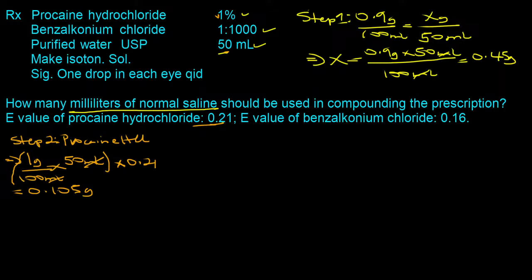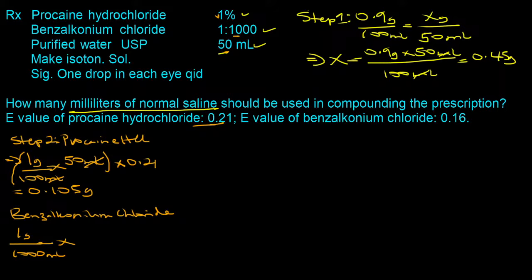We will repeat the process for benzalkonium chloride. And here we have a ratio strength. So we'll want to do 1 gram out of 1,000 milliliters because that's what 1 is to 1,000 really means.